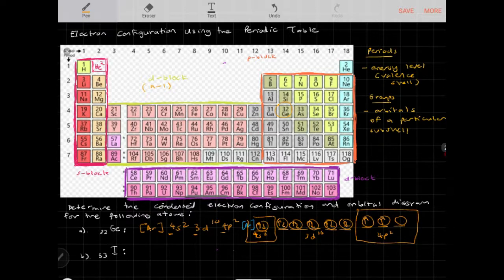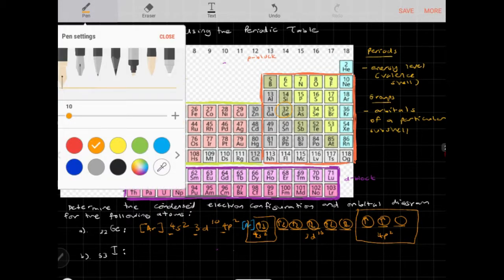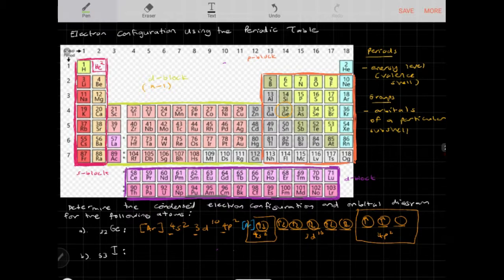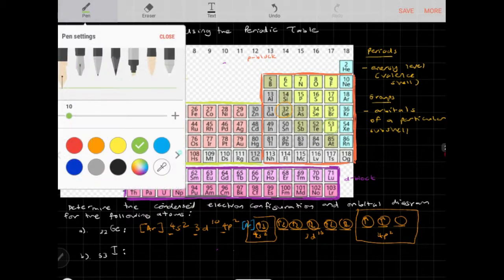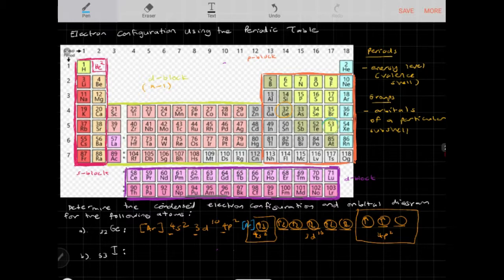Let's take a look at iodine. So if we're looking at iodine, let's take a look at it here. So this is iodine. Right, and we use a different color. Okay, so this is iodine here, right? And if we're looking at iodine, we can use its previous noble gas, krypton, right? And then from krypton, we go 5s1, 5s2.